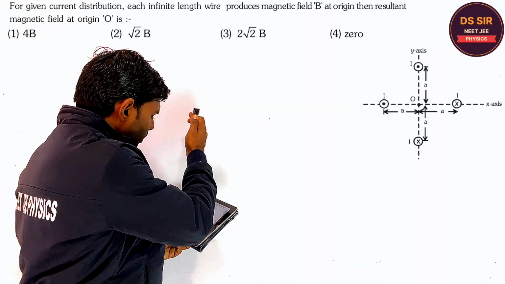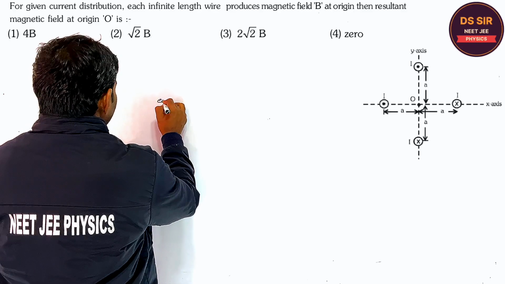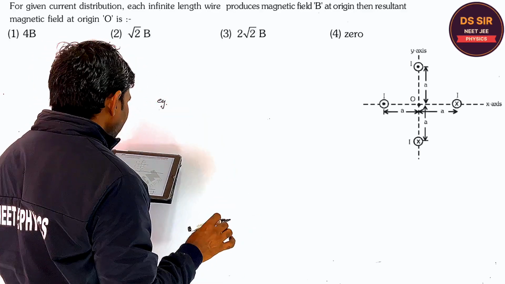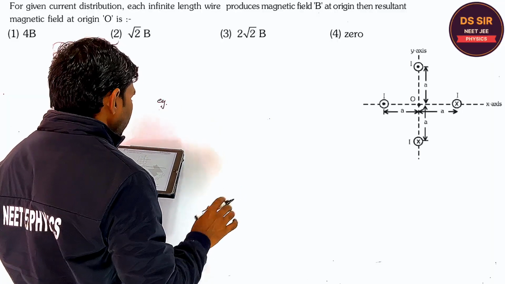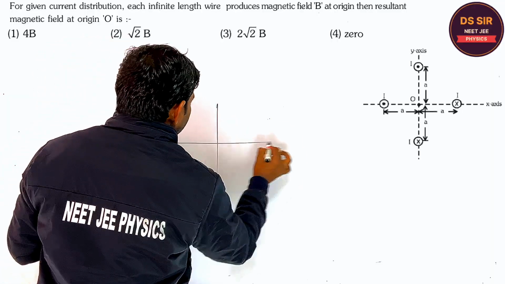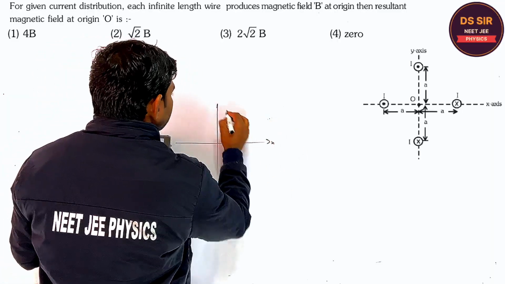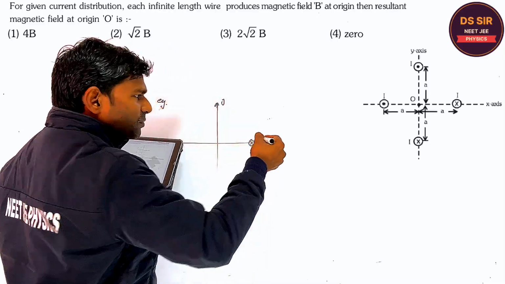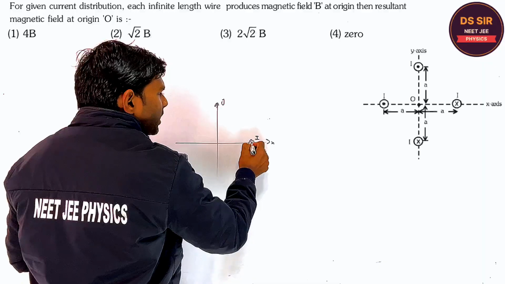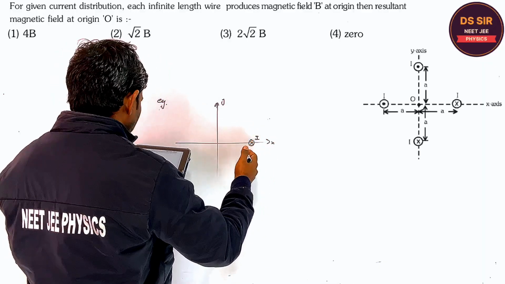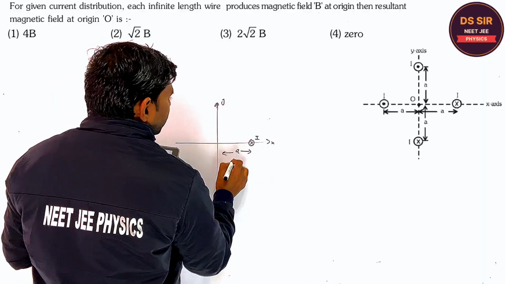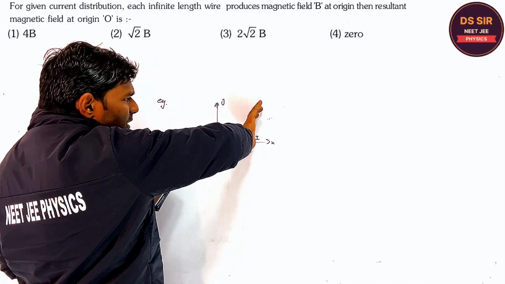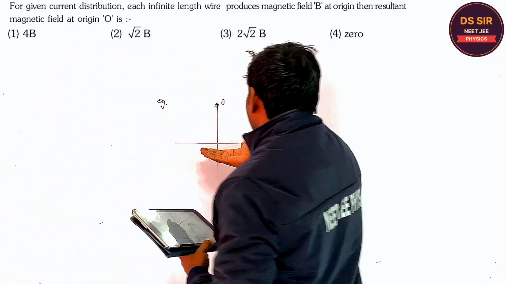Copy this. So read this question. In this illustration, for the given current distribution, each infinite length wire produces magnetic field B at the point. For example, if this is the x-axis and y-axis, and you consider this current carrying wire with current into the board, what is the direction of the magnetic field at this point?